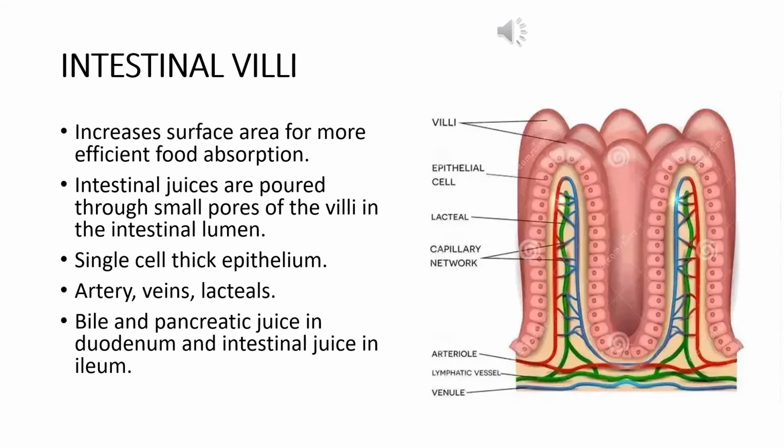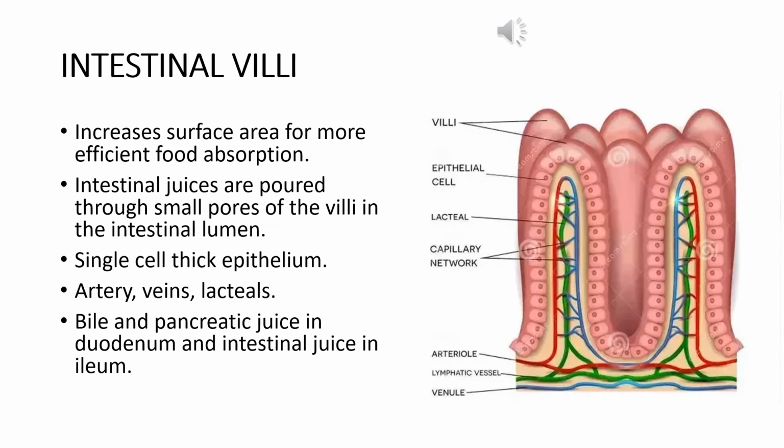So as we can see in the picture as well, there is an outer covering of the villi which is a single cell thick epithelial layer, and inside that there are blood vessels present, veins and arteries, which are part of the blood vessels, and lymphatic vessels present. Because some of the food particles will be absorbed into the blood and some of the food particles will be absorbed into the lymph vessel. So lacteals are nothing but the lymph vessels.